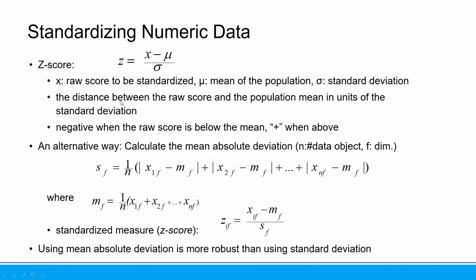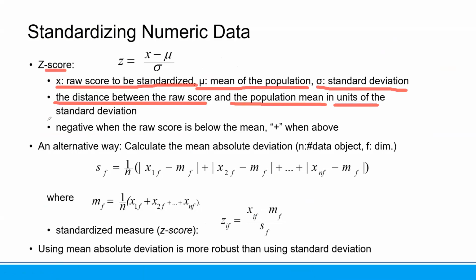When we want to standardize the numerical data, as I explained to you in the previous one, we use the Z-score, and the Z-score is based on the raw score that you want to standardize, and then you need to know the mean, and you need to know the standard deviation. It is the distance between the raw score and the population mean in the unit of standard deviation.